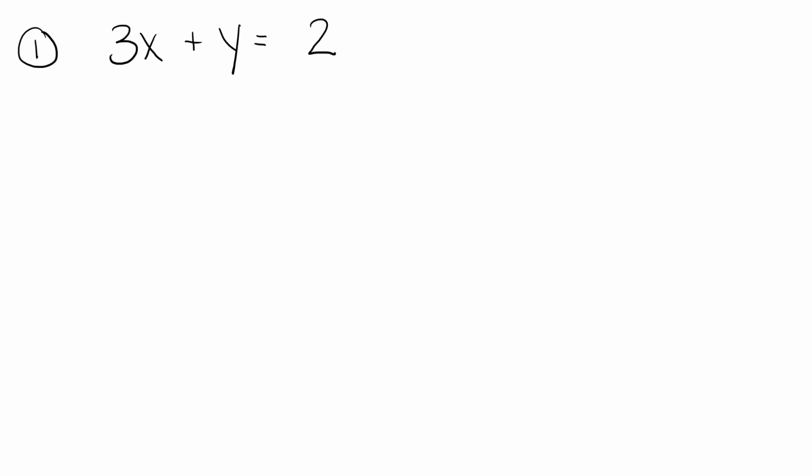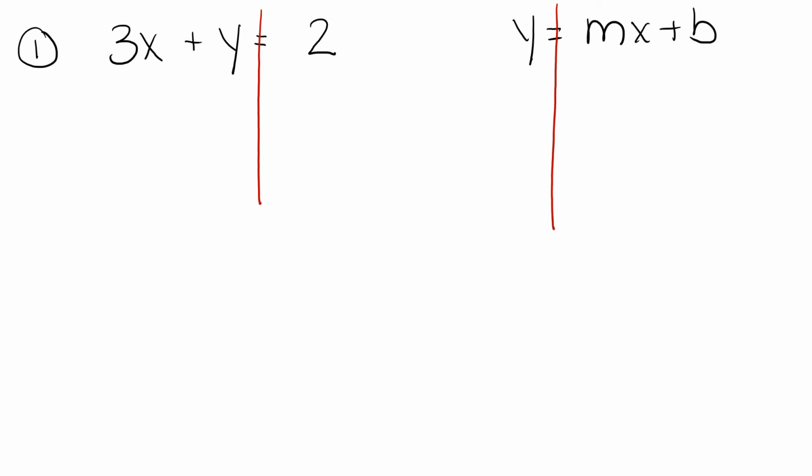So when we have our problem, I think it's easiest if we split the problem in half, down the equal sign. And we can do the same thing with our general equation, y equals mx plus b. If I split that down the equal sign, you can see what's not lining up in the correct position. You can see that the y value is right next to the equal sign.